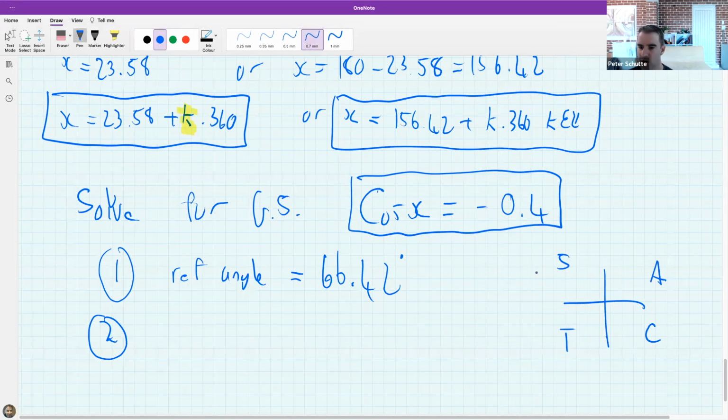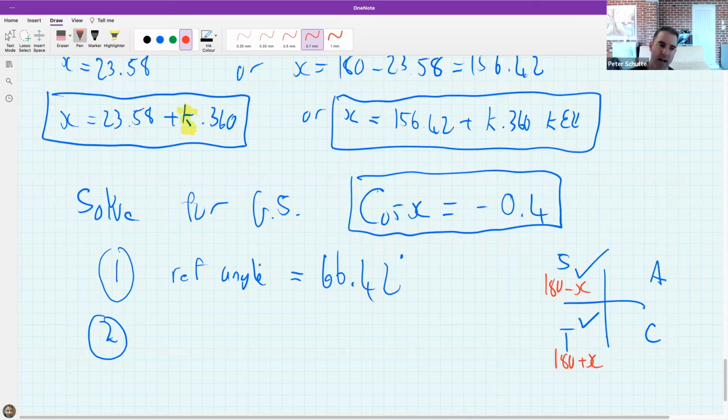So cos is going to be negative in quadrants 2 and 3. In quadrant 2, angles are of the form 180 minus x, and in quadrant 3, angles are of the form 180 plus x. Now, this is going to be quite helpful.